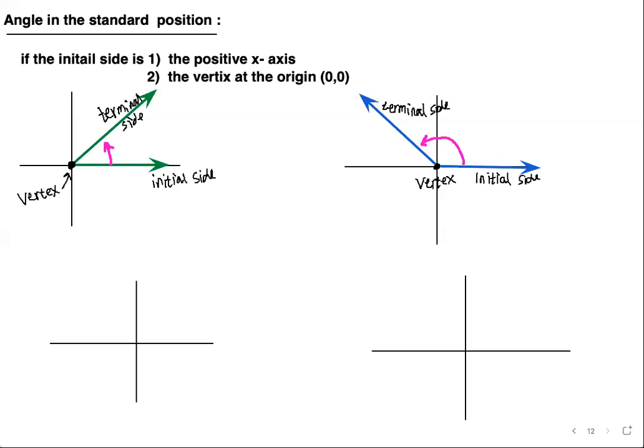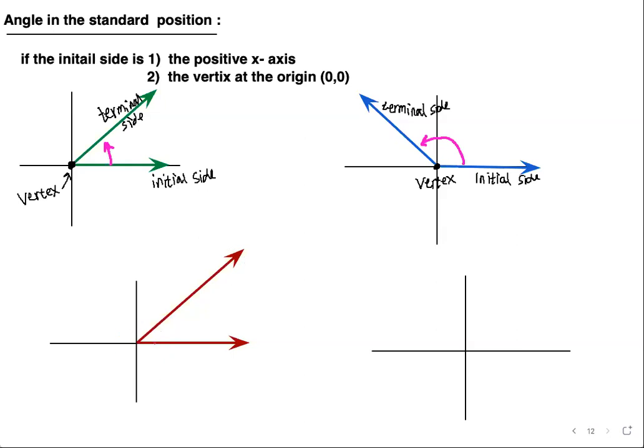Okay, for the third one, I can graph my angle like this. This is my initial side. I will turn around the x-axis like this, and where I stop, this is my terminal side, and the angle is like this. The angle starts from here, goes around, then comes back here.